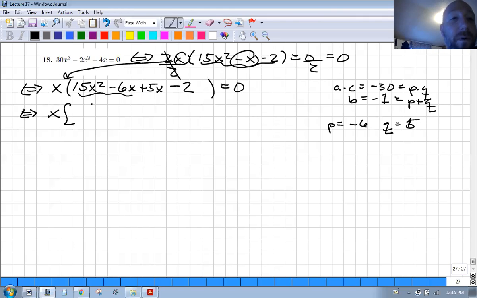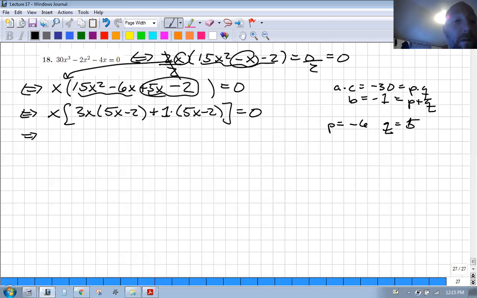So these, I'll pull out a 3x. That gives me 5x minus 2. And I have a 5x minus 2 already. So this is 1 times 5x minus 2. So I got a 3x and a 1. They're both times a 5x minus 2.